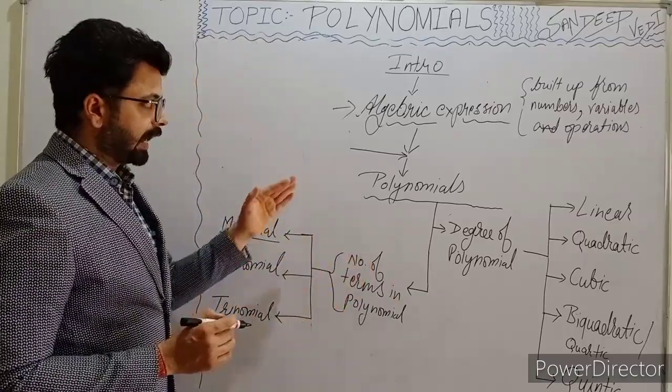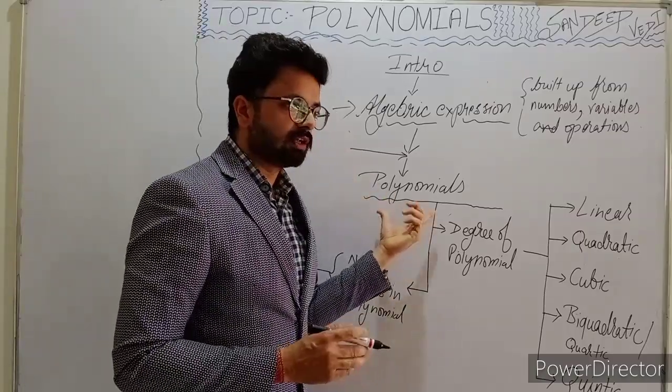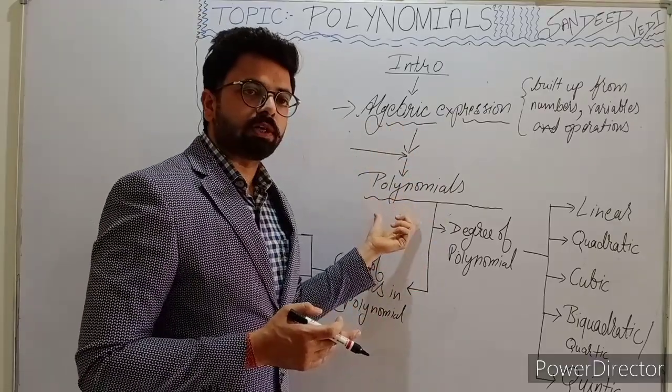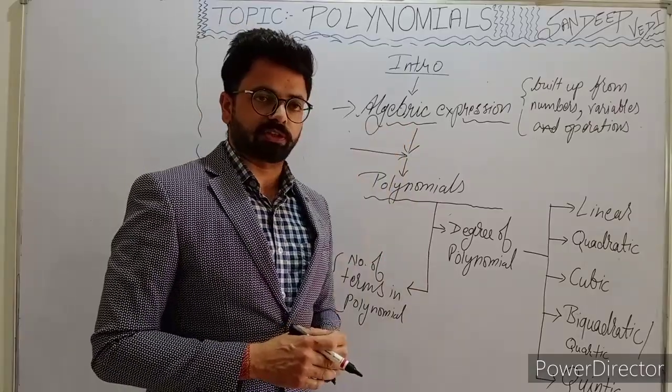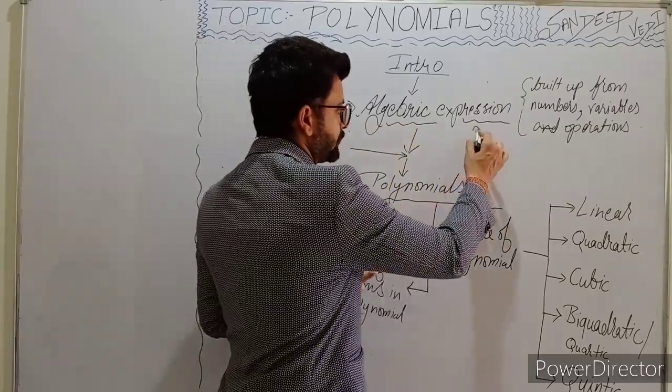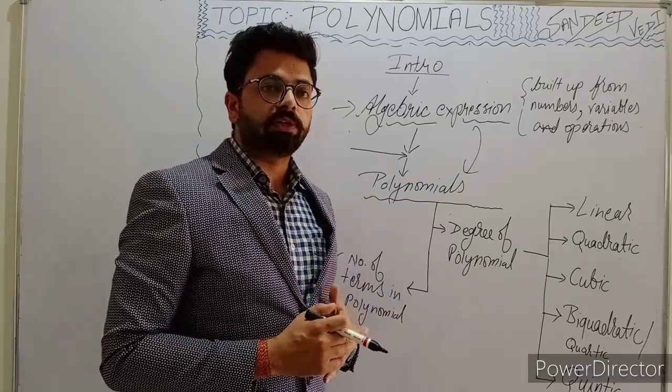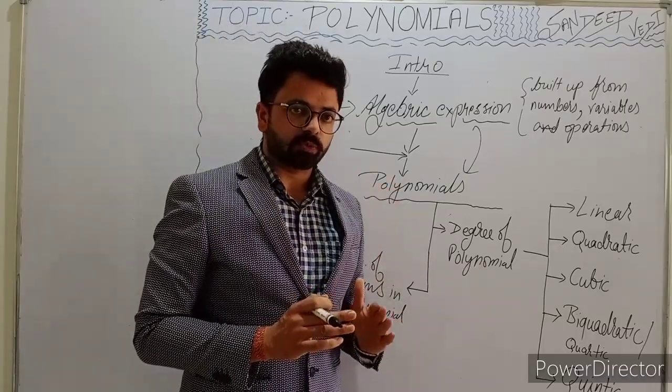Now afterwards, I am coming to the topic polynomial. You know guys, after algebraic expression, polynomial. Polynomial is also a part of algebraic expression. It's a special type of algebraic expression. And what speciality will be there, that I am telling you.